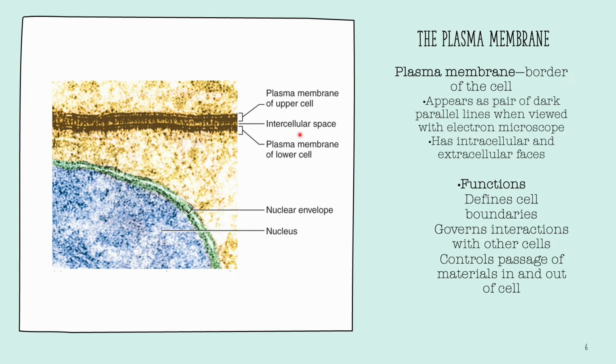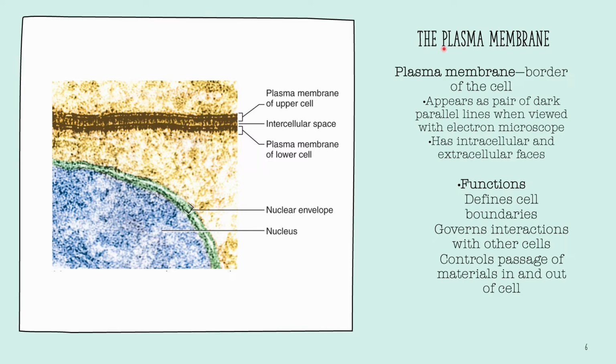Intercellular space, and plasma membrane of the upper cell. And this is the membrane here. Remember I told you that it keeps the border. It's actually the border. So it gives it its shape. Okay? And this is what the cell looks like through an electron microscope.